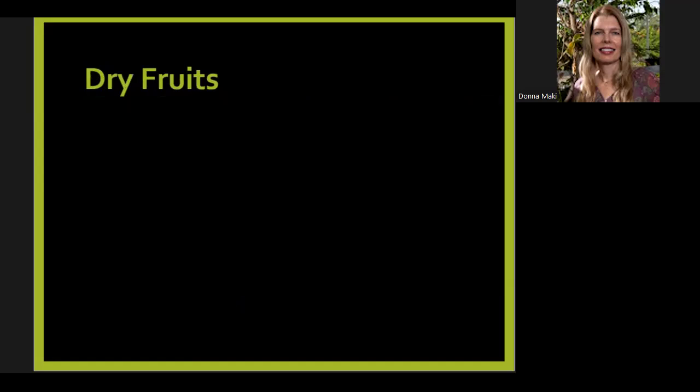Okay, so dry fruits. Often people don't think about this, but there are a whole bunch of different dry fruits out there. And we tend to look at them and say, well, are they dehiscent or indehiscent? Dehiscent means that once everything's mature, the pericarp tissue will break open, freeing the seeds.